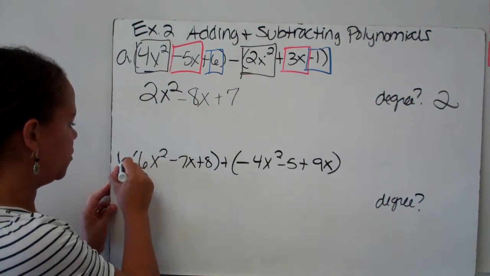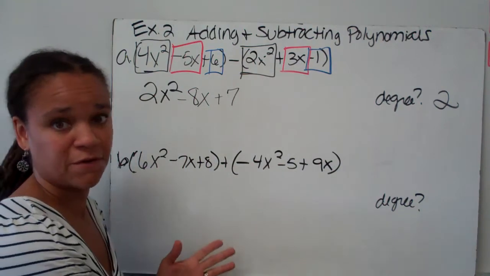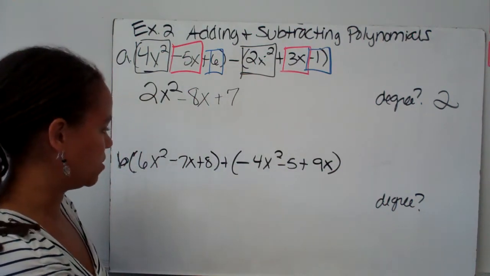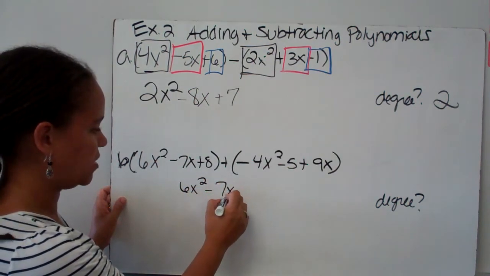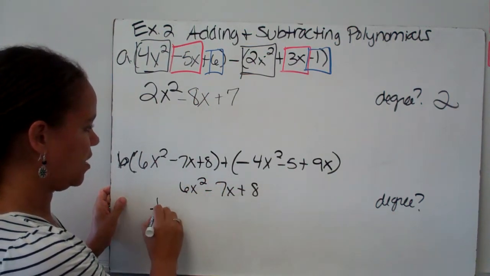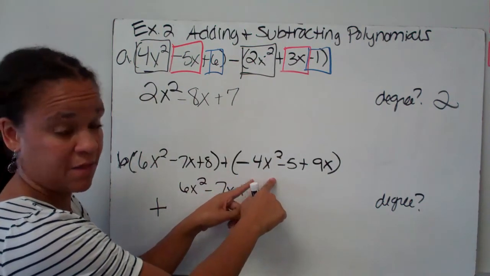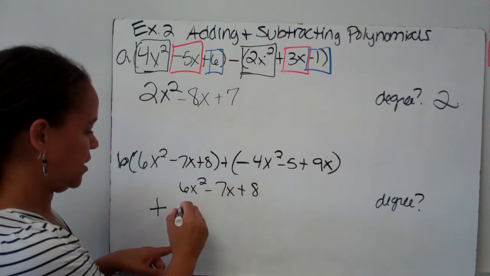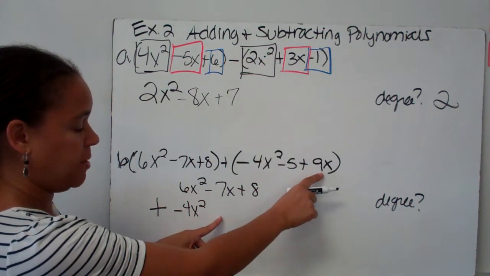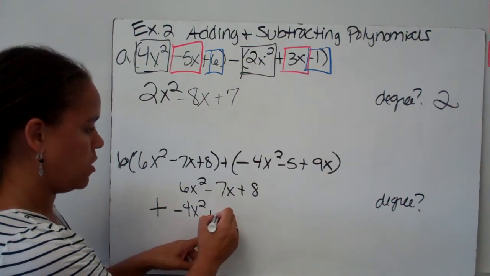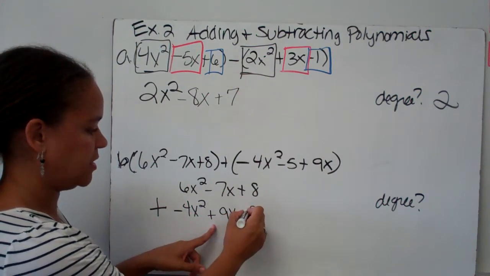Or the other way you could do it is line them up like you first learned how to do addition and subtraction in elementary school. So we would have 6x squared minus 7x plus 8 plus, and we're going to put everything right underneath its like term. So minus 4x squared, be careful, you want to make sure you put these in order, plus 9x minus 5.